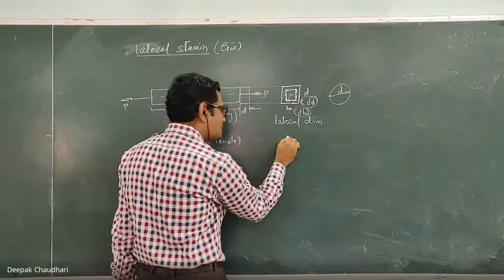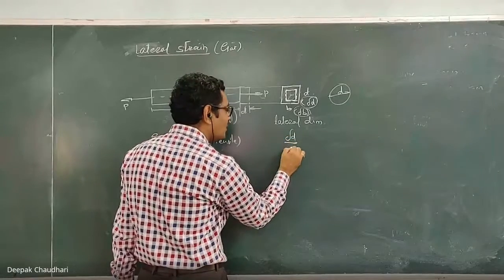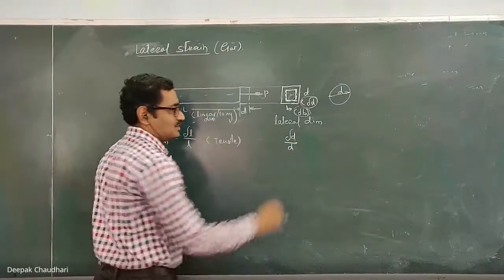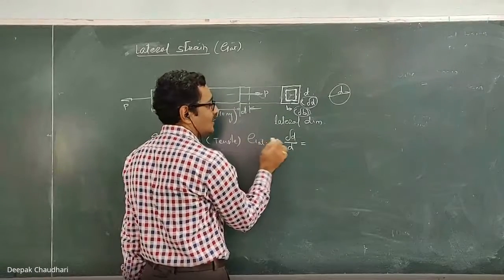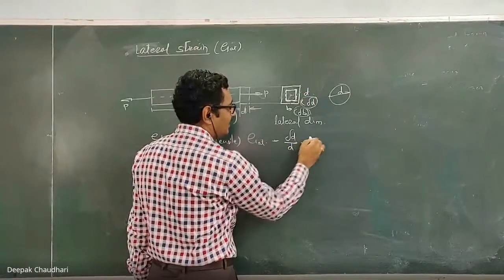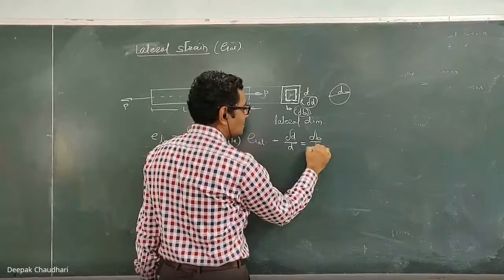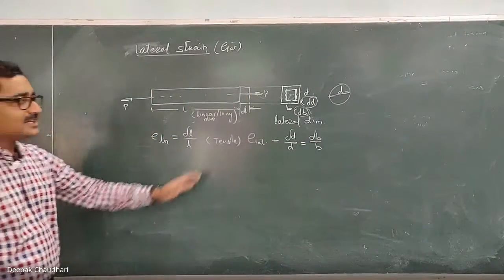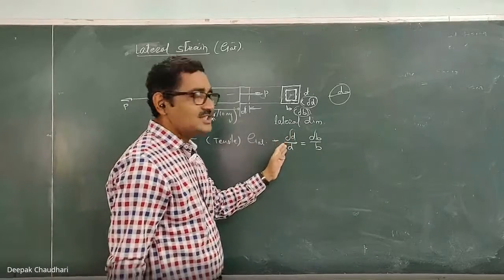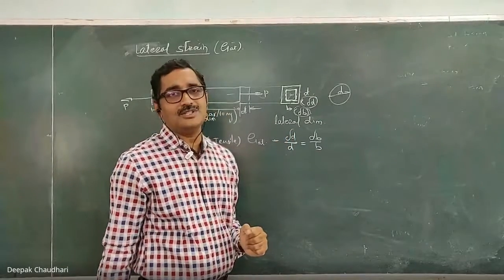So the ratio of change in lateral dimension to the original lateral dimension is known as lateral strain. We can write delta D upon D, or delta B upon B, both will remain the same. So lateral strain is nothing but the change in lateral dimension to the original lateral dimension.